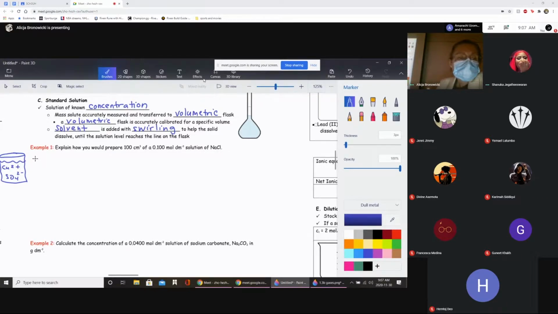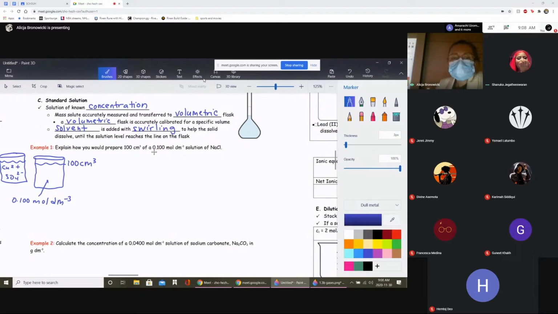Okay, so you want to have 100 cubic centimeters, and you want your concentration to be 0.100 mole DM minus 3.